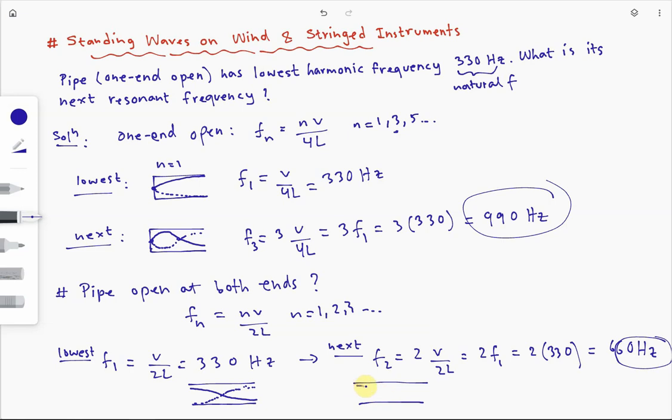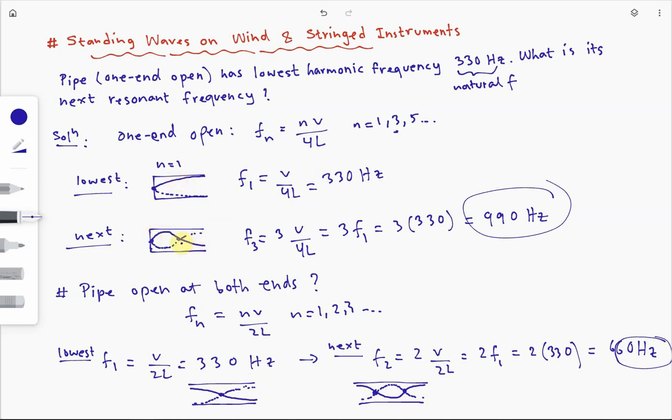So we have a shape like this. For antinodes at both ends, here we had one node, in this case we have two nodes, therefore we get a frequency of 660 hertz. That's the second frequency. So this is half a wave, this is one complete wave. The earlier one was a quarter of a wave, and this is half a wave.